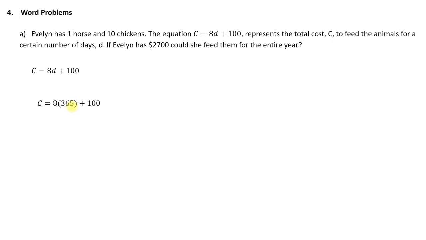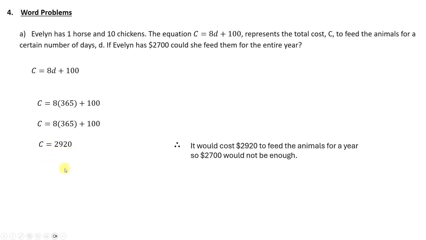So we want to know whether our cost of $2,700 is greater or less than 8 times 365 plus 100. 8 times 365 plus 100 equals 2,920. So this is how much it's going to cost to feed the animals for a whole year. If she only has $2,700 and the cost is $2,920, then we can say that she would not have enough to feed the animals for an entire year.